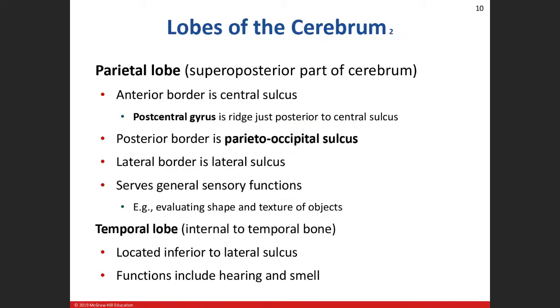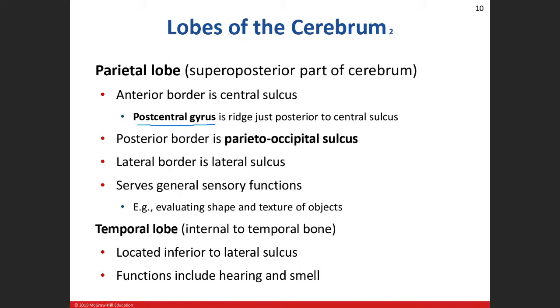This postcentral gyrus is what we call our somatosensory cortex. So for sensory information, ultimately, sensory information will arrive, hopefully, to that area. So you can figure out maybe the shape of something, if it's hard, if it's soft, if it's furry, if it's sticky, that information will arrive here to the postcentral gyrus.